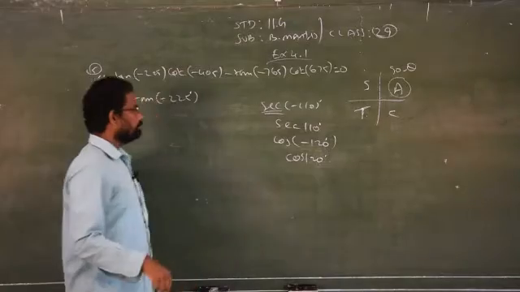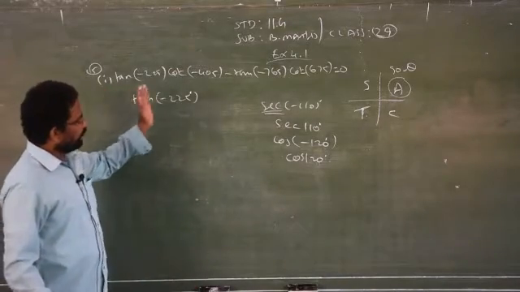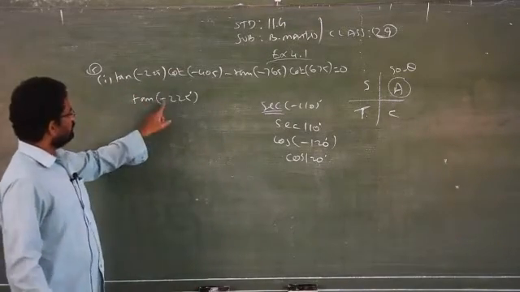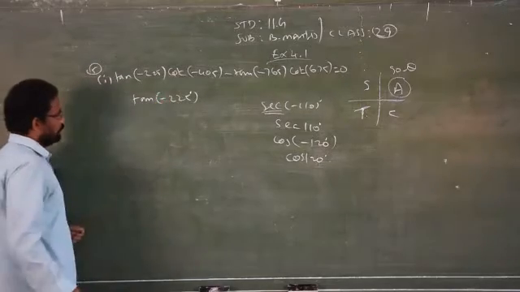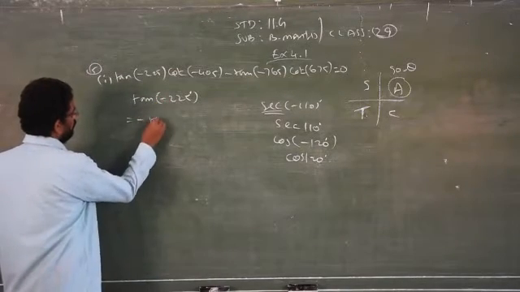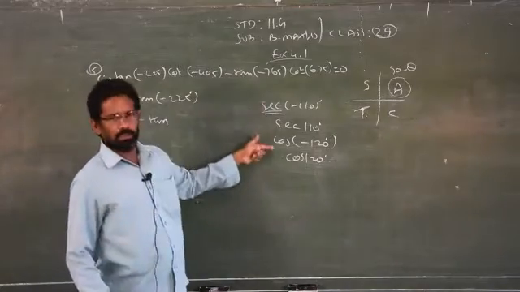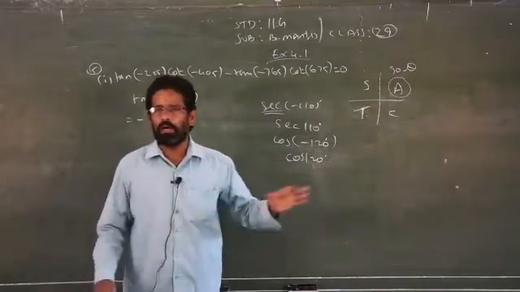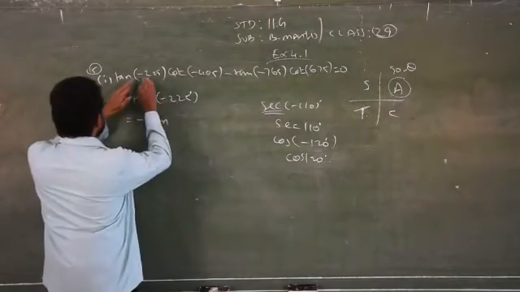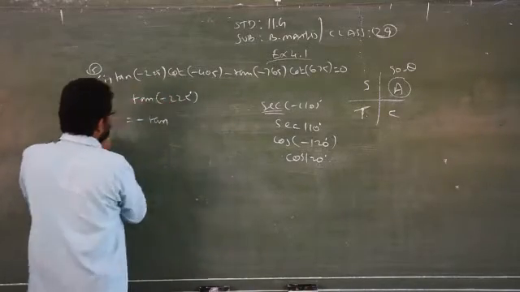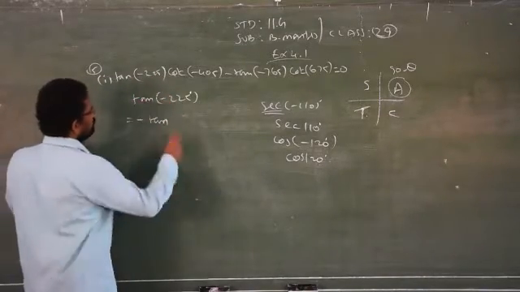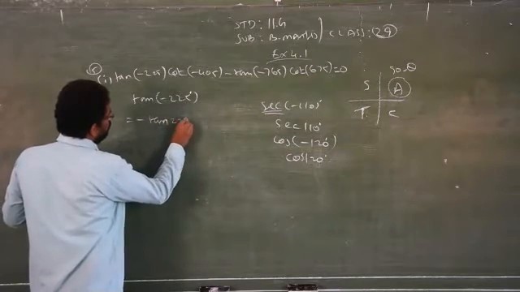Clear? That's all. But for other ratios, if there is any negative sign inside along with the given angle, then you have to take the minus outside. This is not an even function. Only secant and cos alone are even functions. Other ratios are odd functions. If there is any negative sign inside the bracket, you take it outside because this is an odd function. So minus tan 225 degree.